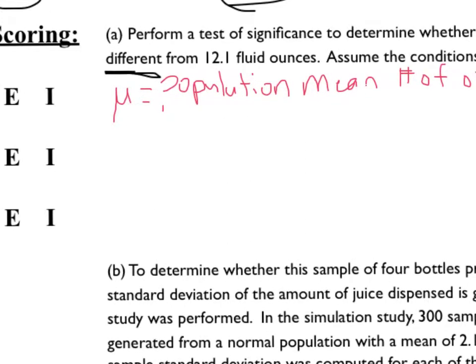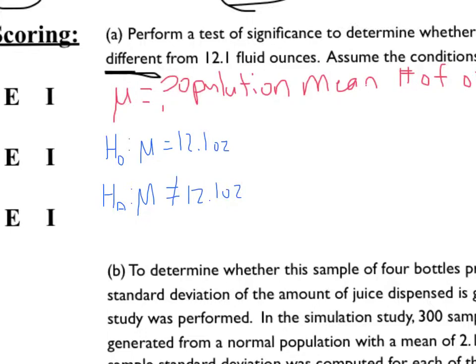So if we write this out here, our null, we always want to write null hypothesis or H0 like that, we would say that mu is equal to 12.1 ounces. And then our alternative hypothesis, we could write that out or say HA, is that mu is not equal to 12.1 ounces.